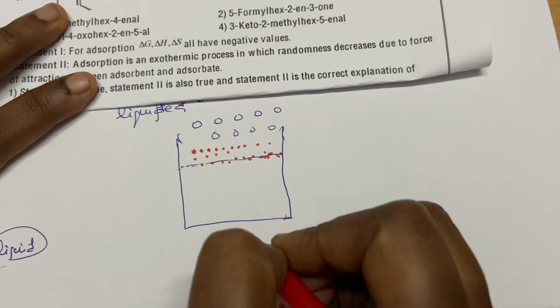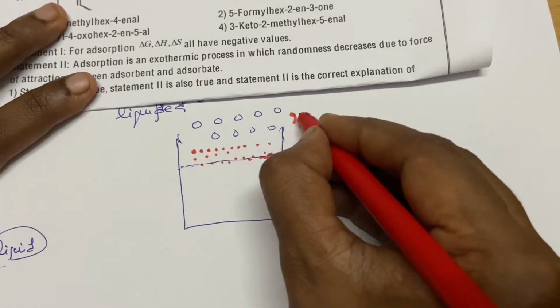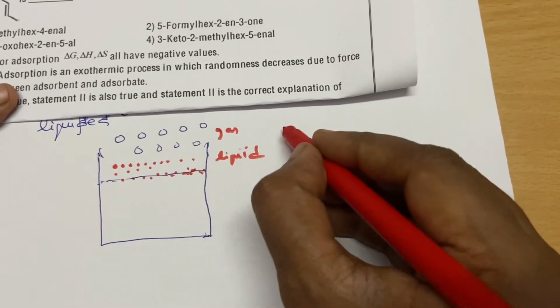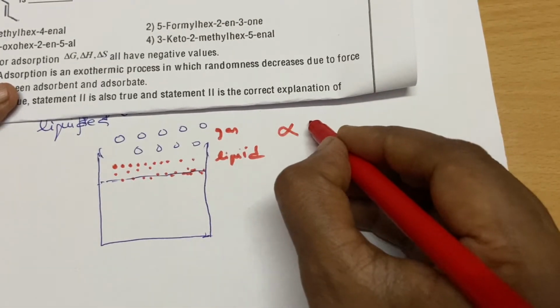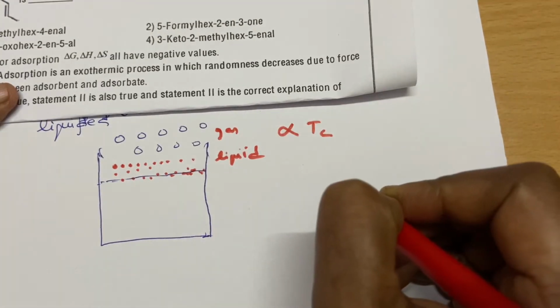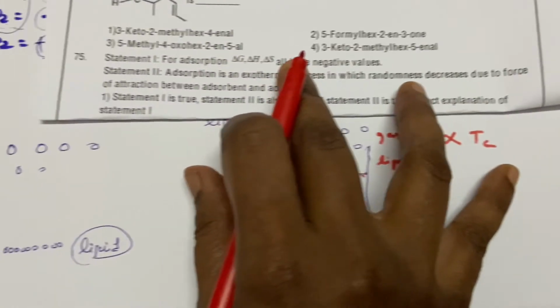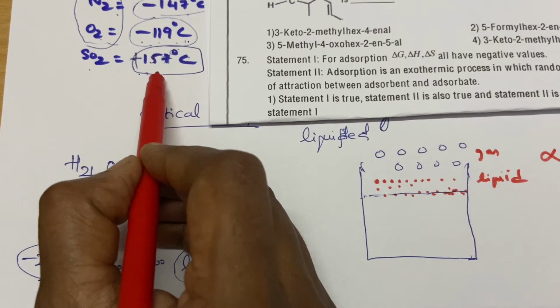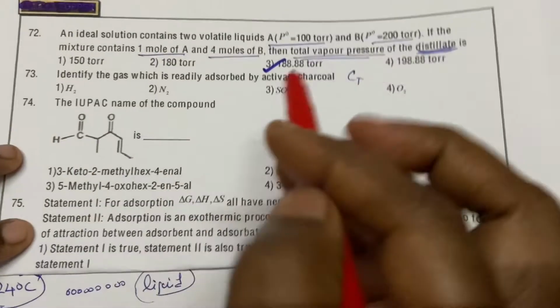To come closer, it is like the gas is turning into liquid. That's why adsorption is directly proportional to the critical temperature. The higher the critical temperature, the more easily it can be liquefied and the more easily it can be adsorbed. So the option is sulfur dioxide.